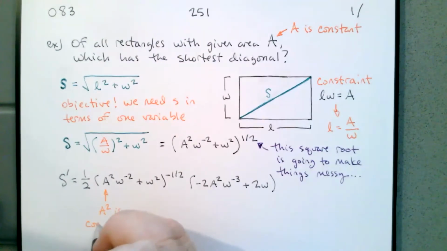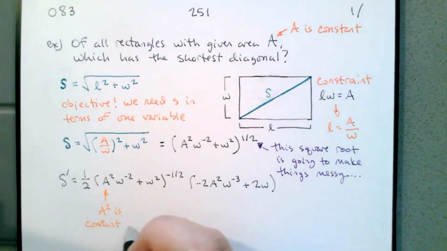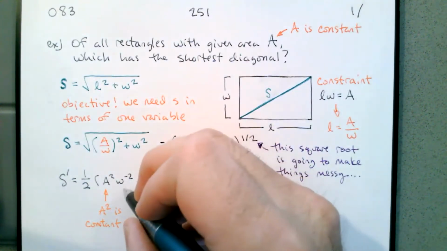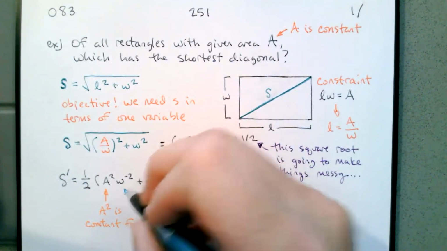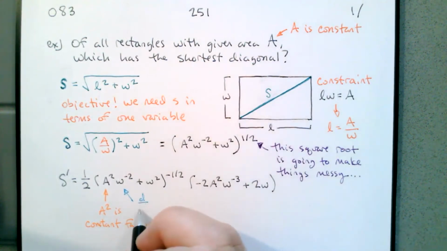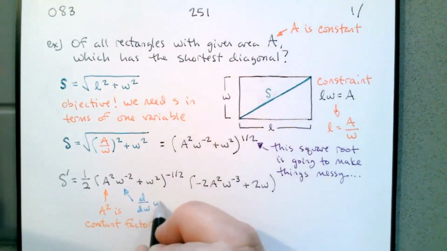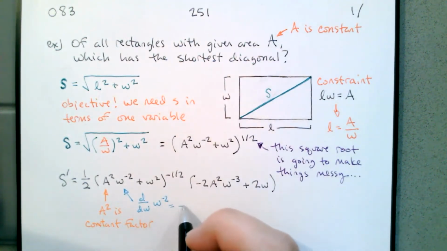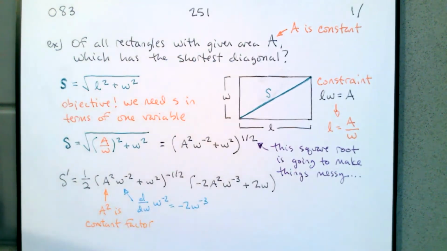So A squared is a constant multiple, and we're taking the derivative with respect to W of W to the -2. But the A squared is a constant factor.